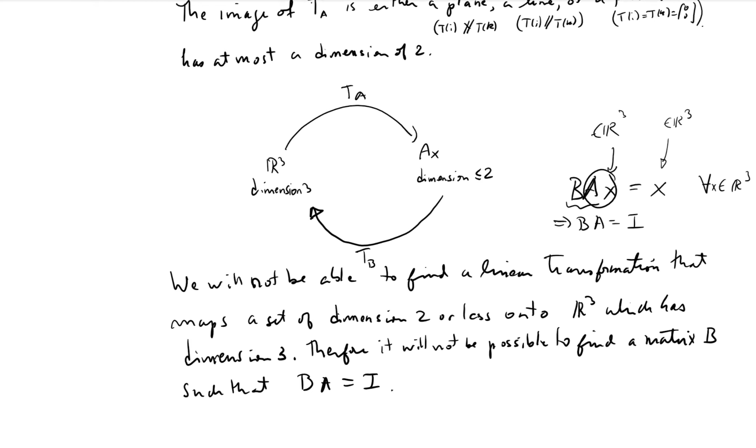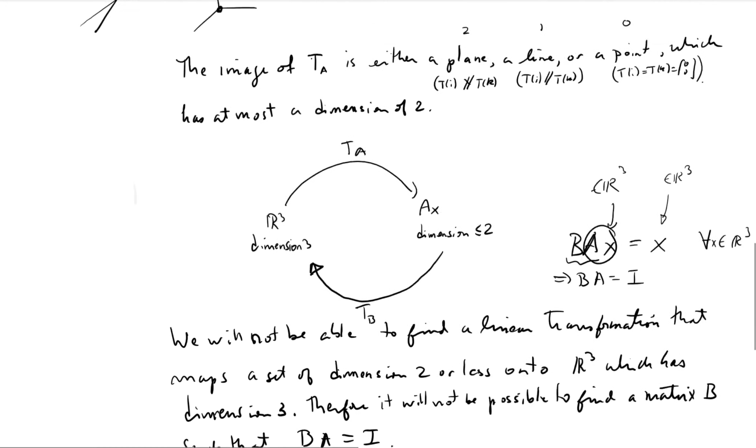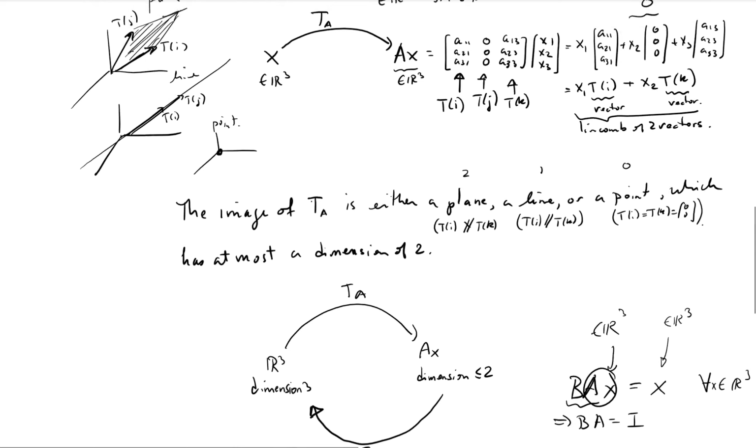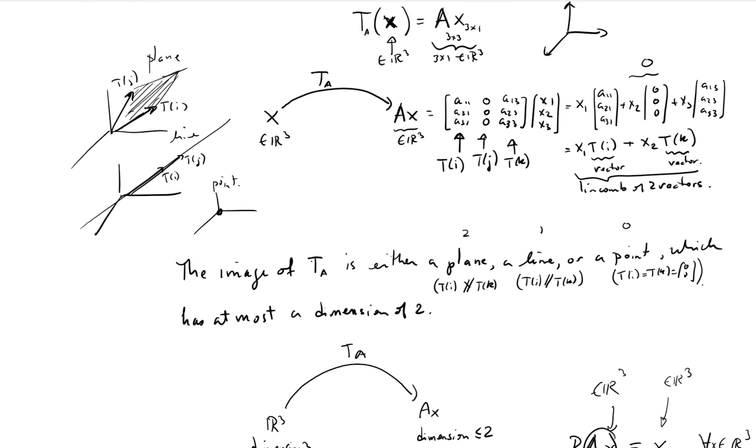It looks complicated, but I'm going to use this argument later on. As soon as you've got a linear transformation that reduces the dimension of the space, there's not going to be an inverse. A basically squishes R3 onto a plane, a line, or a point, and then you can't go back and unsquish that point, that line, or that plane to get back R3 again. This is what you should take away from this argument.